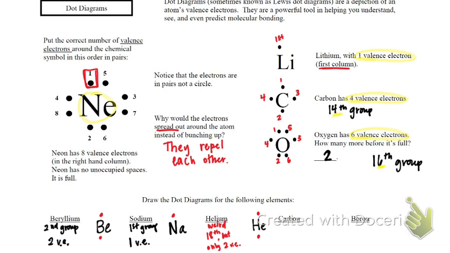Carbon is C and it's in the 14th group, so there's 4 electrons. Carbon is just C. Wait, are they always in pairs? Okay, hold on.